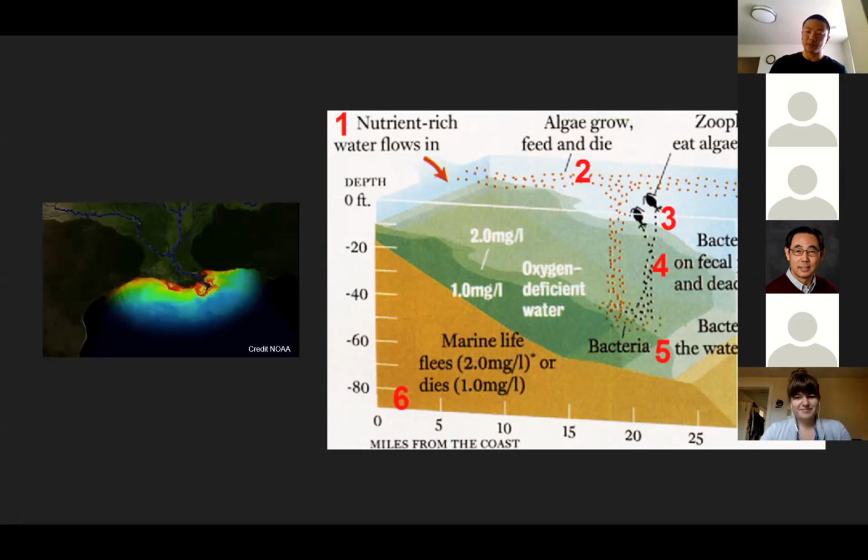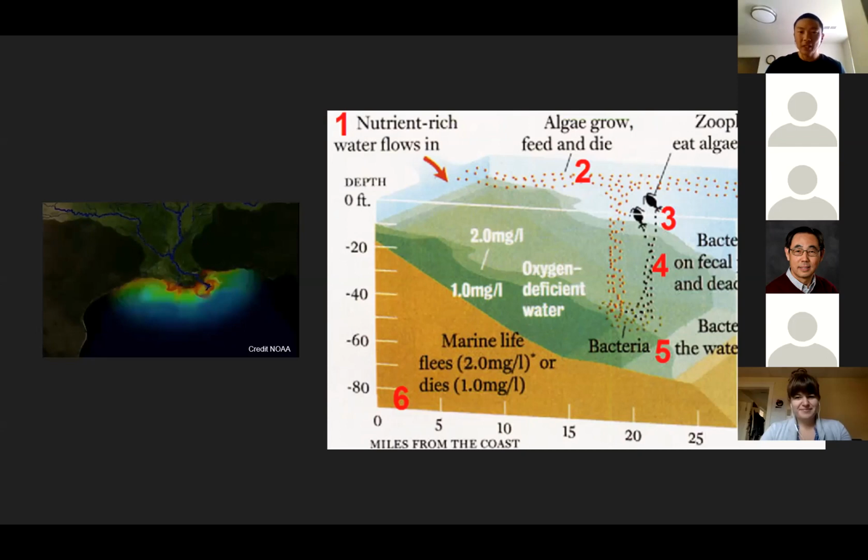All along this process, the consumption of oxygen below the water can cause the dead zones. But imagine that you hold a glass of water, and this glass of water has low oxygen. Even at this very close distance, I guess we cannot identify whether it's low oxygen or high oxygen.